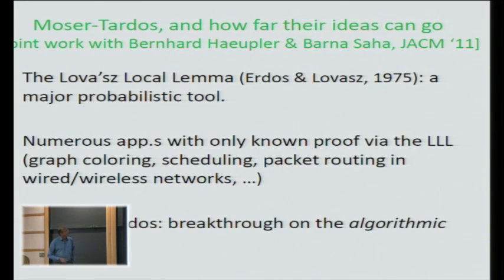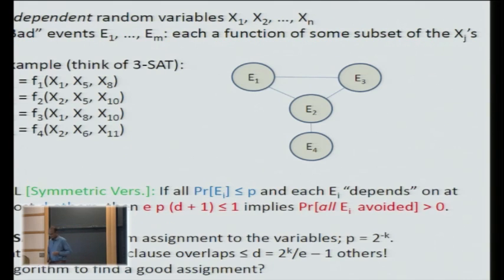I'll start with a brief description of some work I did with Haeupler and Saha a few years ago. As all of you know, the local lemma is a powerful probabilistic tool, and one of the interesting things in the probabilistic method is that for most applications of the local lemma, the only known proof is using the lemma. Let's talk about the breakthrough that Moser and Tardos came up with.